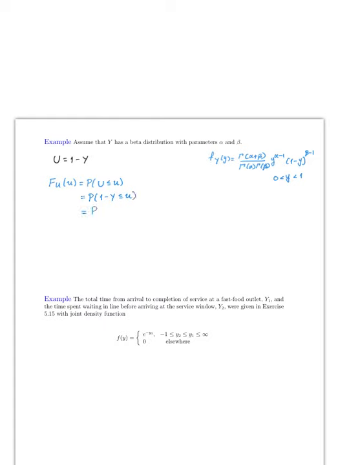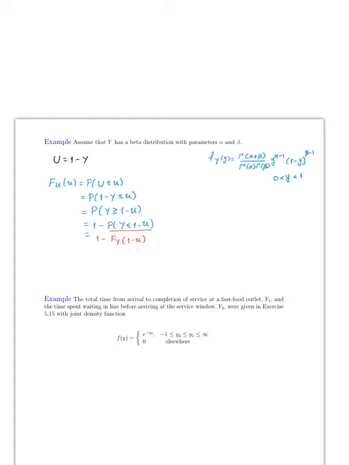If you solve for y, this is the same as the probability that y is greater than or equal to 1 minus u, which is the same as 1 minus the probability that y is less than or equal to 1 minus u. But this part is the distribution function of y. So this is 1 minus the distribution function of y evaluated at 1 minus u.